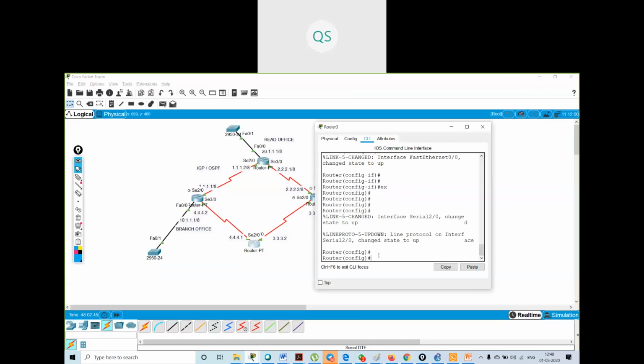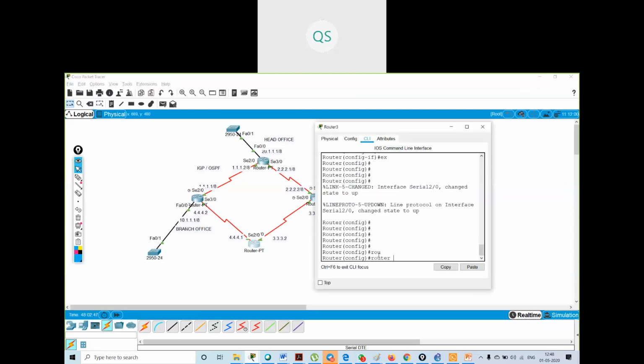I have to go over here and say router EIGRP 100, then network 0.0.0.0, 3.0.0.0, then 40.0.0.0.